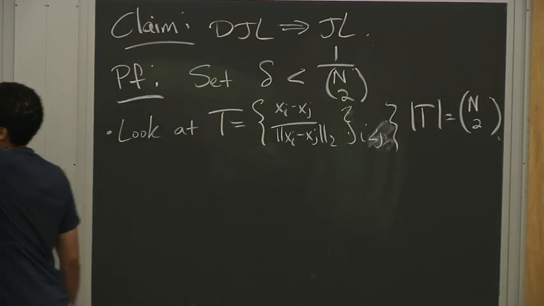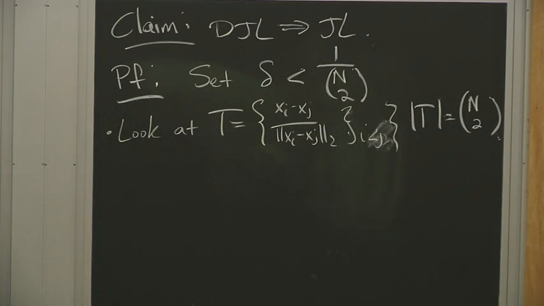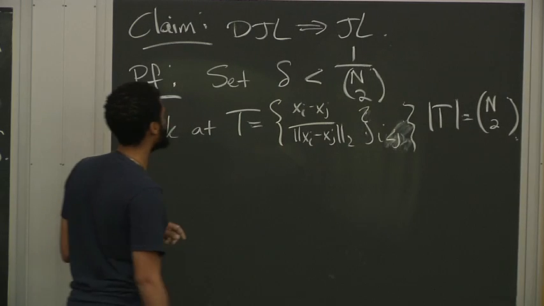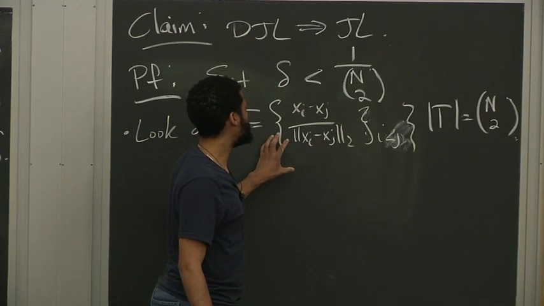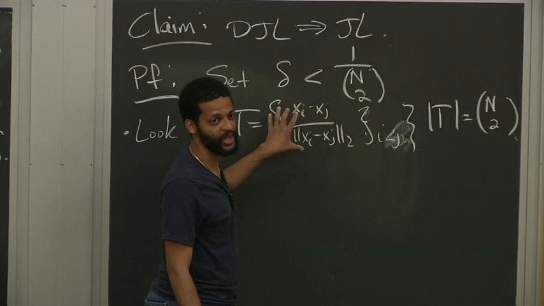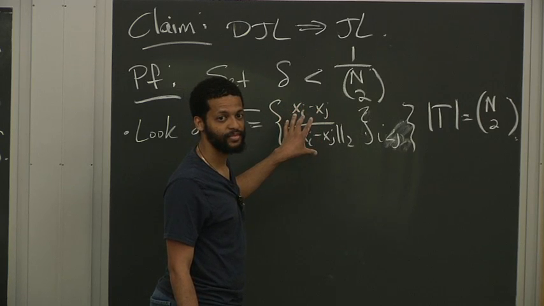Now, for some matrix pi, what does it mean that pi doesn't have distortion 1 plus epsilon? For pi not to have distortion 1 plus epsilon, it means that pi failed to preserve the norm of one of the vectors in T. Okay?